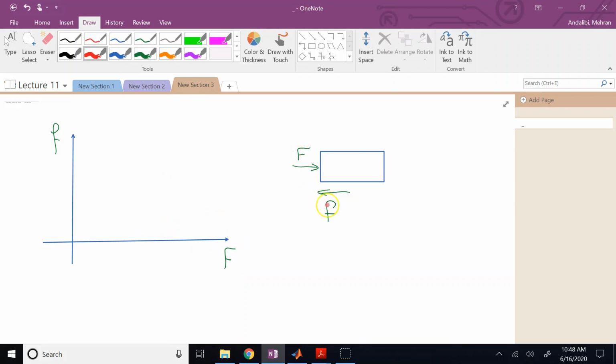So if you apply 2 Newton, it gives you what? 2 Newton. The surface only generates 2 Newton of friction to cancel your force and stops the motion. If you go 5 Newton, it goes 5 Newton. If you go 10, it goes 10. So it keeps up with you on a slope of 1 to 1, right? So on this line, the slope is 1, or the angle is 45 degrees.